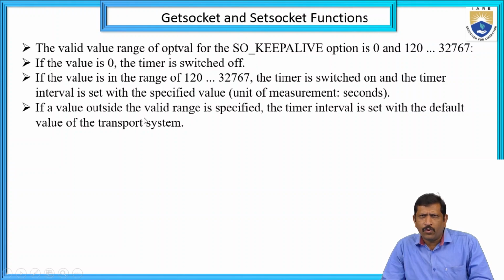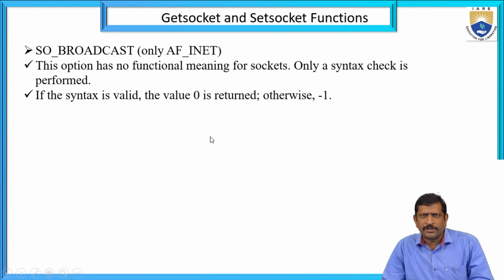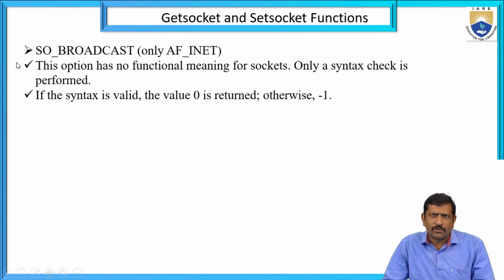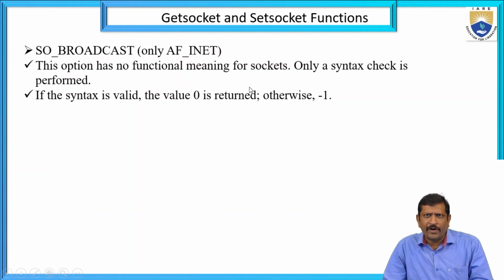If a value outside the valid range is specified, the timer interval is set with the default value of the transport system. Here in SO_BROADCAST only, it is AF_INET. Now if you take this broadcast, this option has no functional meaning for the sockets. Only a syntax check is performed here.